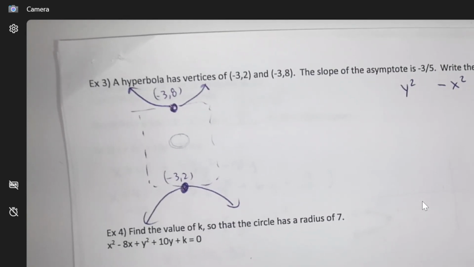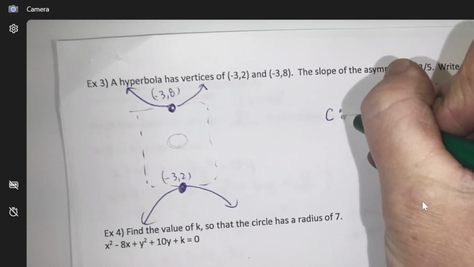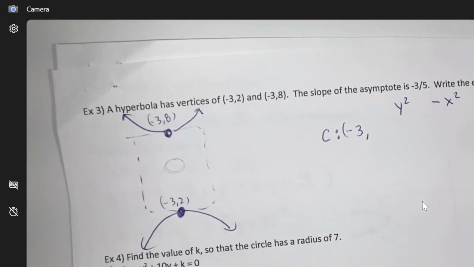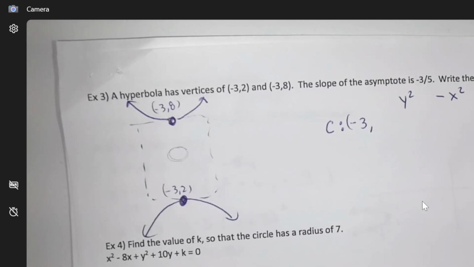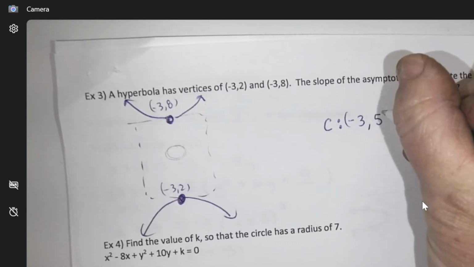Can you figure out what the center would be? So it'd line up with -3, and then what's in the middle there? What's in the middle of 8 and 2? 5?